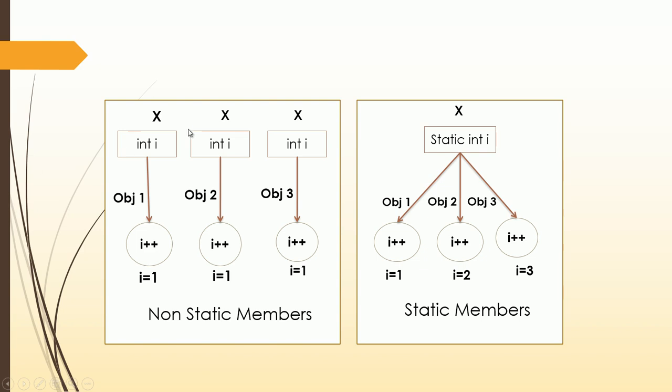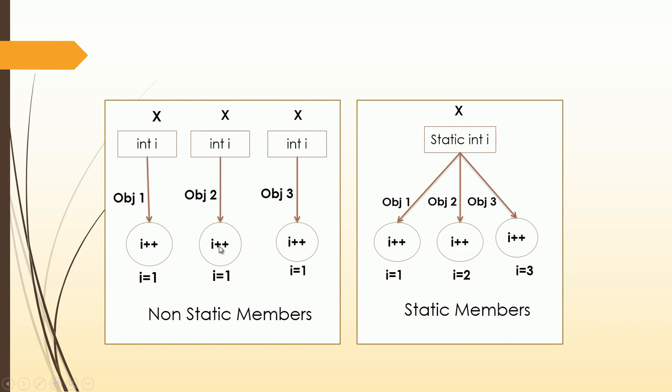For example, here we declare class X. Suppose we have a simple integer value I. Then for object 1, I gets incremented. The value of I is 1, object 2 is also 1, object 3 is also 1. Why? Because whenever we declare a number of objects, object 1 is allocated different memory.